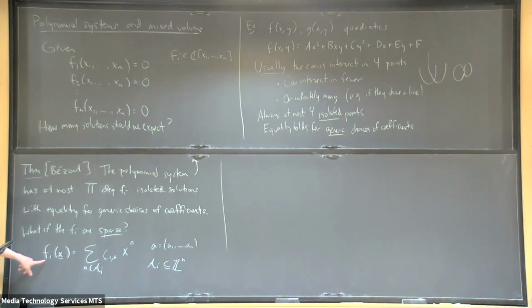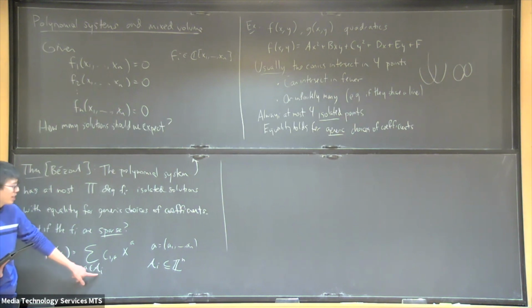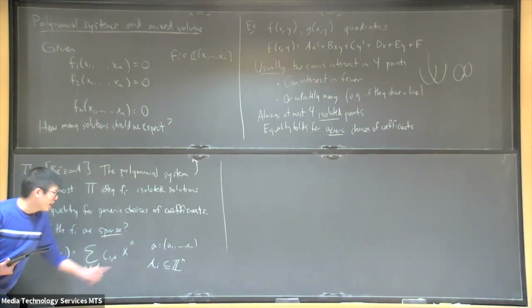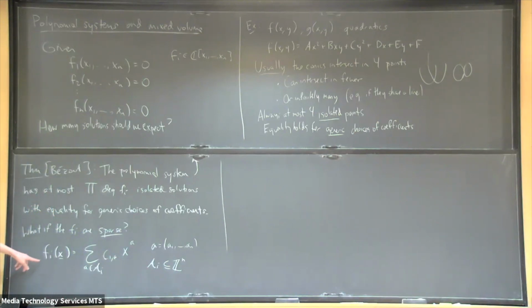So suppose for each f_i, I select some subset of exponent vectors A_i, and then I stipulate that f_i has to have that support. Again, these coefficients c_{i,a} are going to be complex numbers. So for each f_i, I choose its support, and then I ask how many solutions should I expect for such a system.